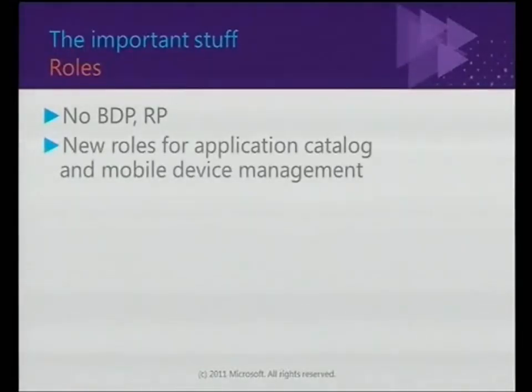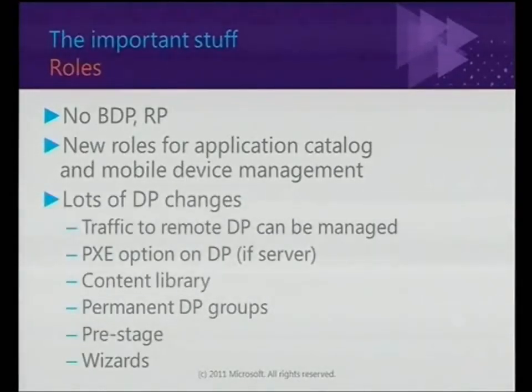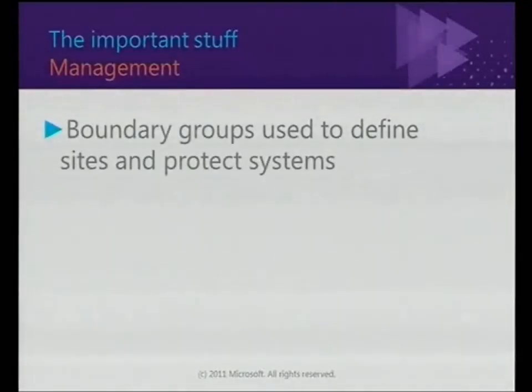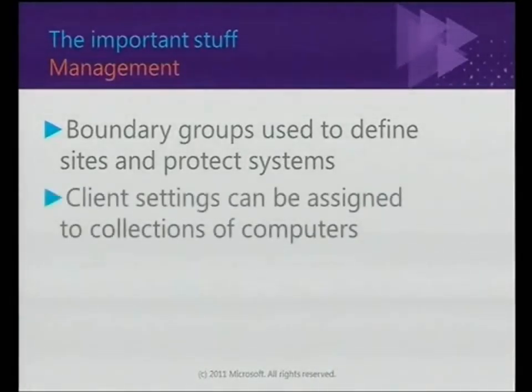What's changing in roles? No branch distribution point, no reporting point. There's a couple of new roles for application catalog and mobile device management. Lots of changes in DPs. We've done that to death. Boundary groups are used to define site boundaries and also protect site systems, called content location now. Client settings aren't site-wide.